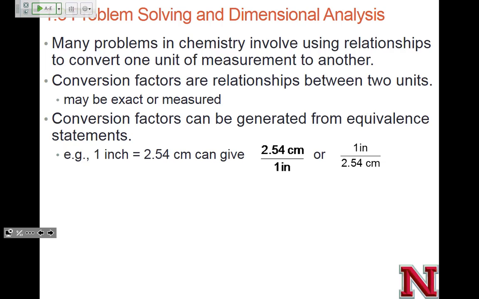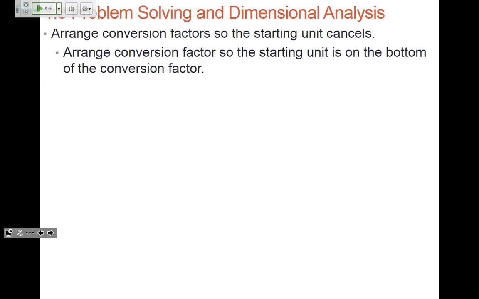So we can write that as either 2.54 centimeters over 1 inch, or 1 inch over 2.54 centimeters. In both cases, we're saying 1 inch equals 2.54 centimeters. And we can use that as conversion factors. But to use this as dimensional analysis, we want our units to cancel out.